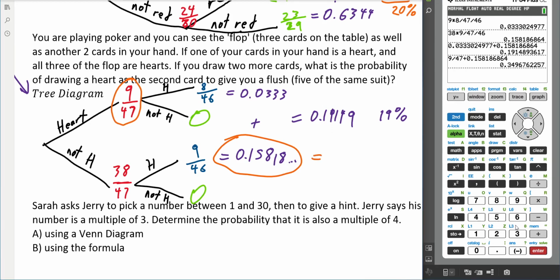So if we added those 2 up, it would be 34.968%. So 35% basically.